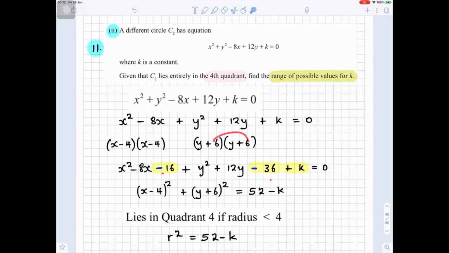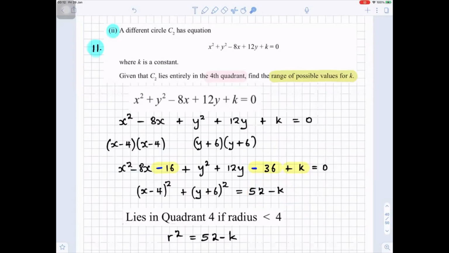And that minus 16 comes from 4 times 4. Plus k equals 0. So x minus 4 squared plus y plus 6 all squared equals -16 minus 36, which is -52. We take -52 to the right, it becomes +52. You take plus k to the right, it becomes -k. So that equals 52 minus k.